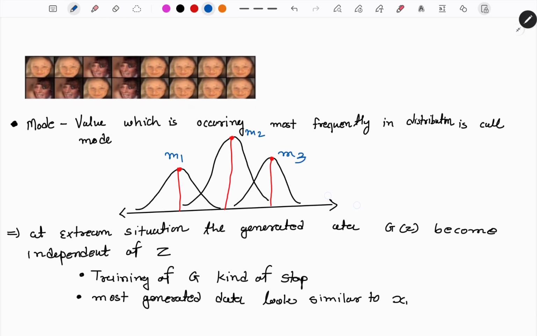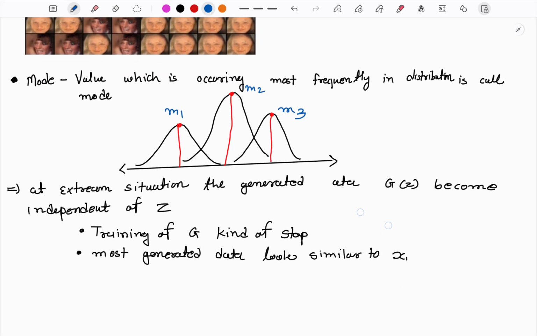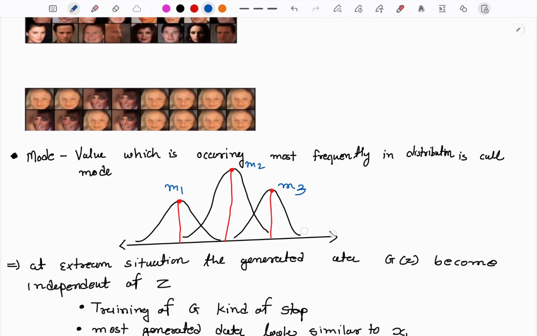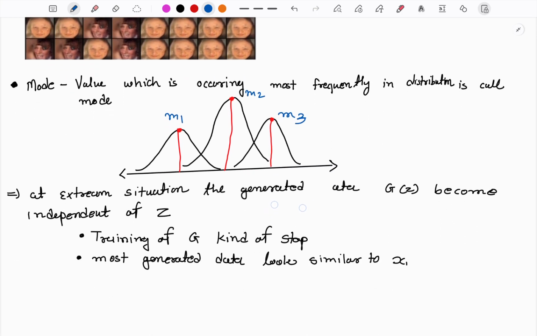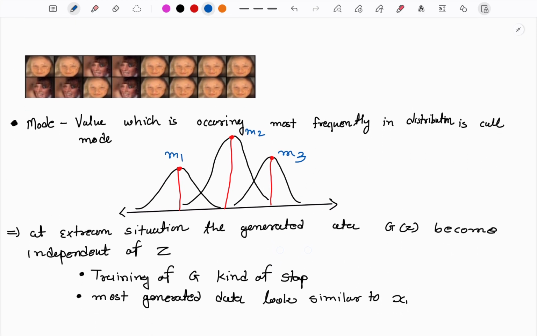So in an extreme situation, in the generator, sometimes, let's consider one example. Instead of generating all types of data, the generator generates only some of the samples or some of the classes of data.